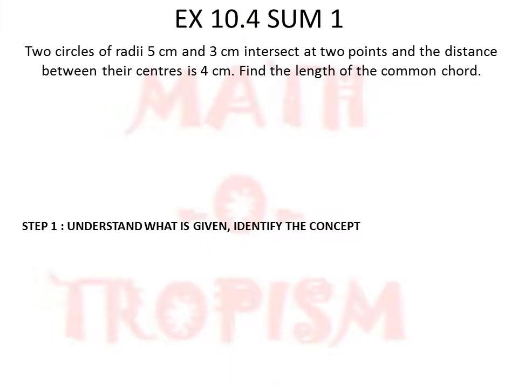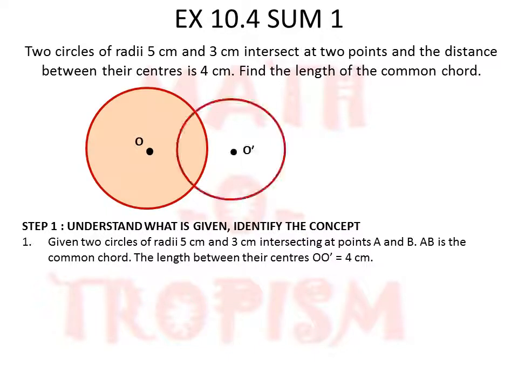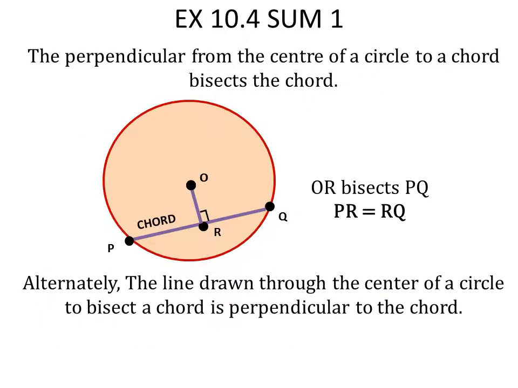We need to understand what is given and identify the concept with which we can prove. We already know that there are two circles intersecting at A and B and we need to find AB. So how we will proceed is, we will think about what we know. With respect to a circle's center and a chord, we know two alternate theorems.